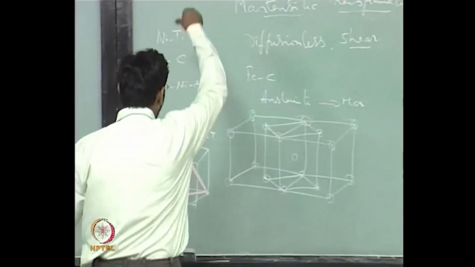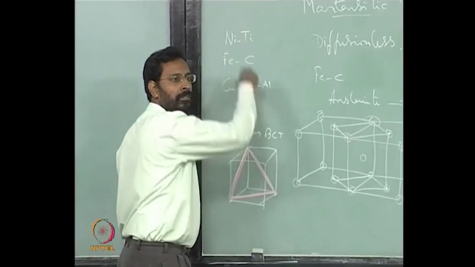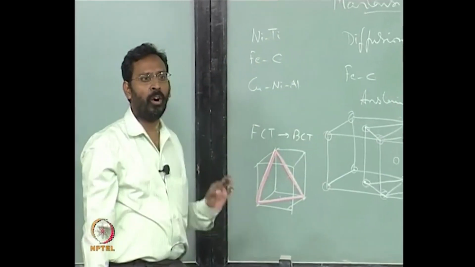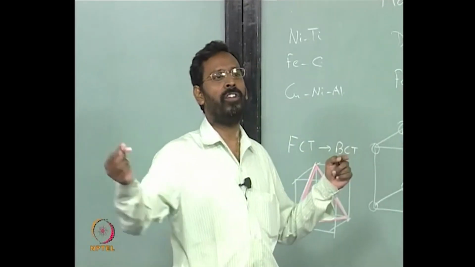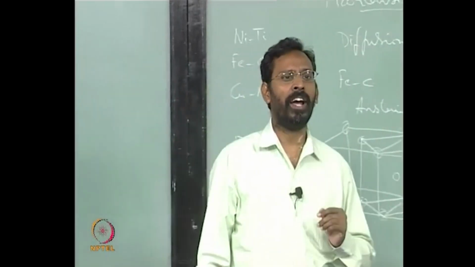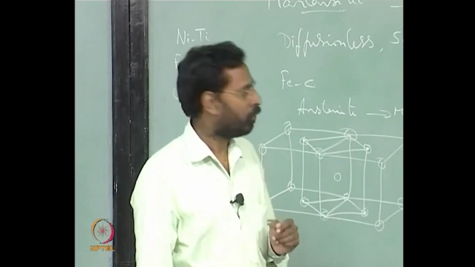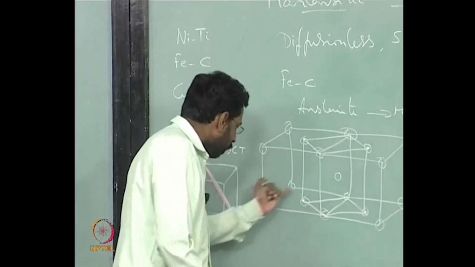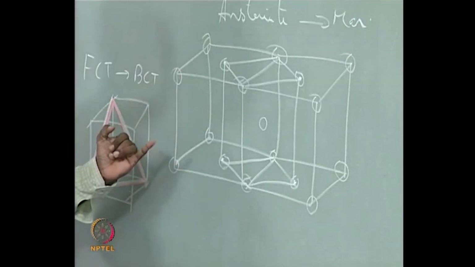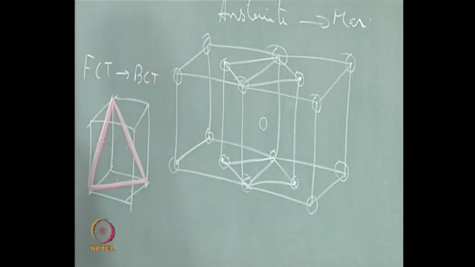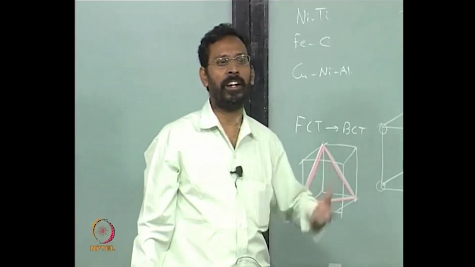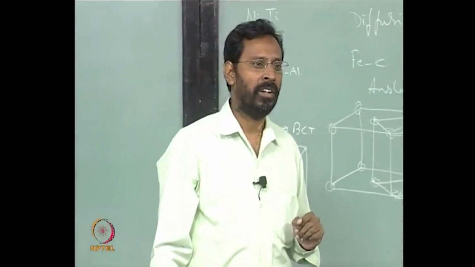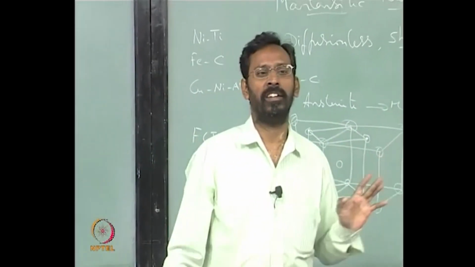So only the 0 0 1 direction, which is the c axis, will have a 4-fold symmetry, and 1 0 0 and 0 1 0 will not. Whereas in a cubic, 1 0 0, 0 1 0 and 0 0 1, all 3 of them had 4-fold symmetry. Here you will have only 1 4-fold symmetry. You see, from cubic to tetragonal, what a degradation in terms of symmetry. You simply have 1 4-fold symmetry, that is it.